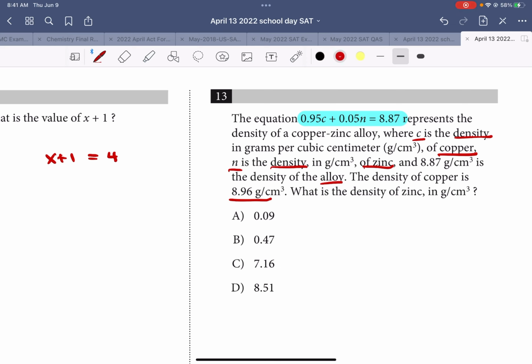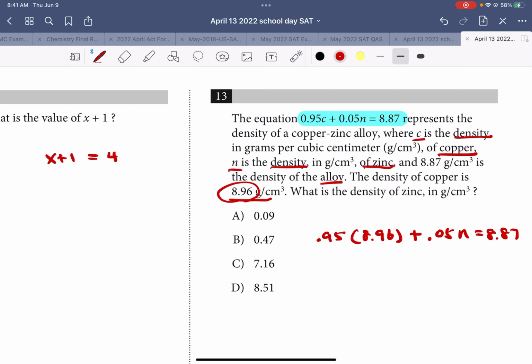So when you plug in all the values they gave you: 0.95, C was the density of copper, and it said 8.96, plus 0.05N, that's what you're looking for, the density of the zinc, that equals 8.87.